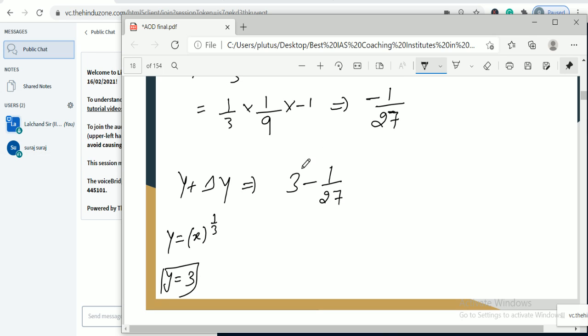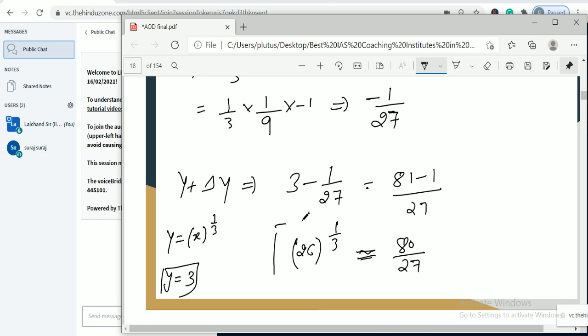If we simplify this, then we get 81 minus 1 by 27, which is equal to 80 by 27. This is the approximate value of 26 to the power 1 by 3. If we divide and find out this in decimal, we can also convert this in decimal points. Okay.